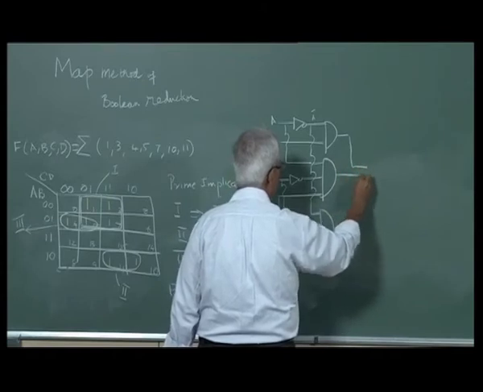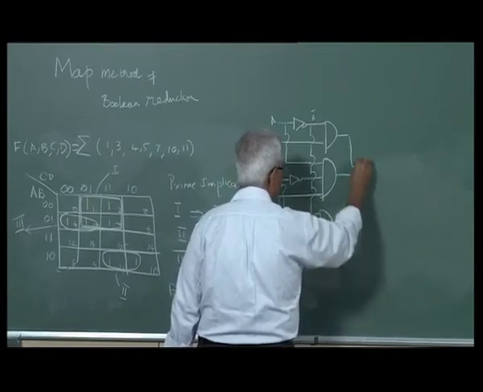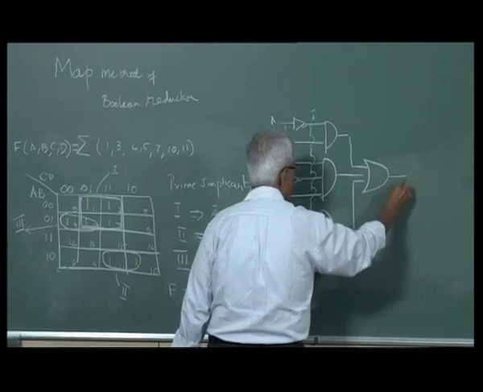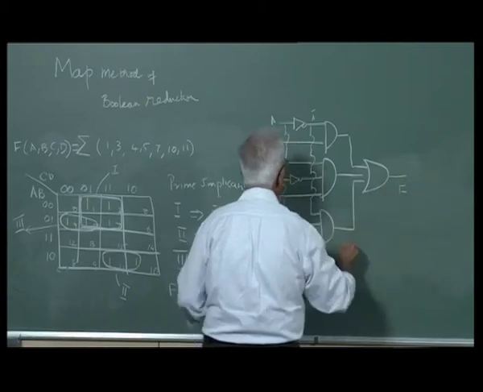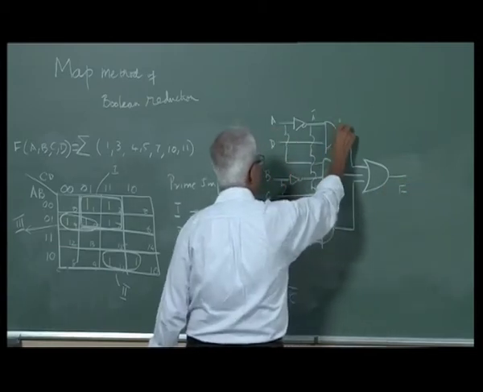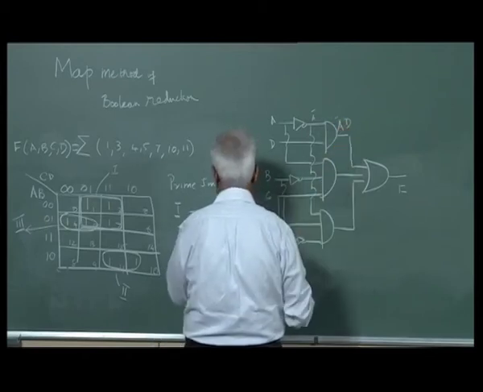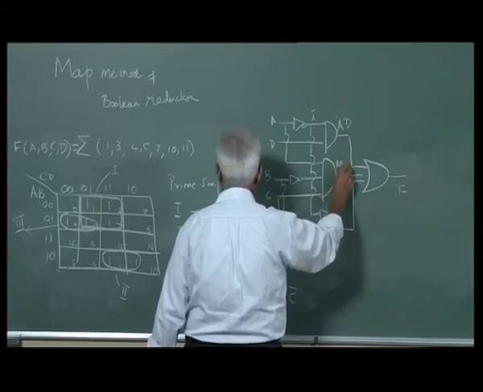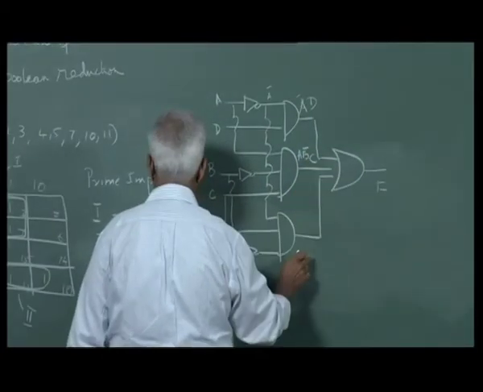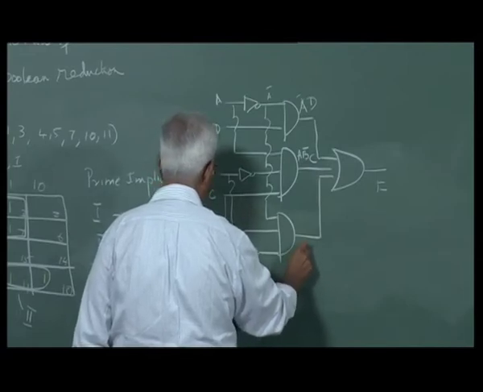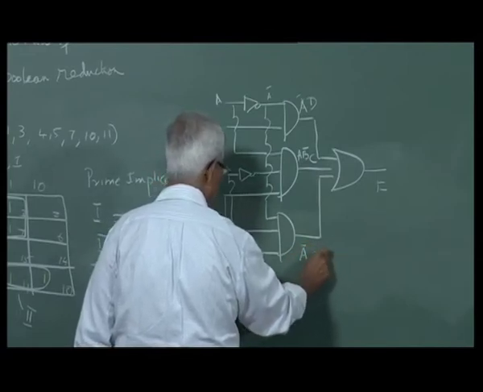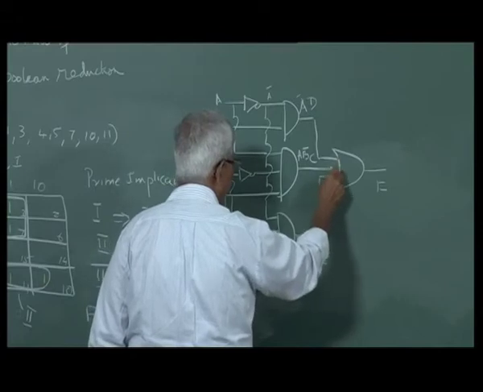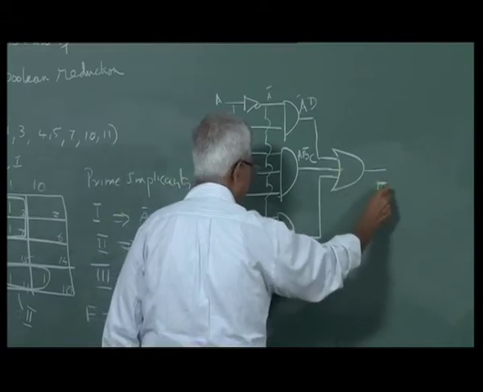All of them combined into an OR term. This is A bar D, first term. This is second term, A B bar C. This is the third term, A bar B C bar. All of them combined using OR gate will give you the final function F.